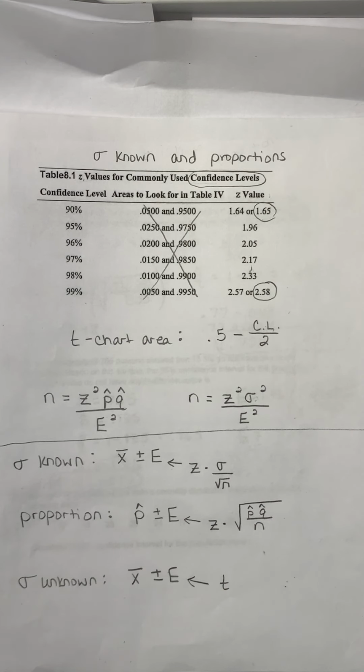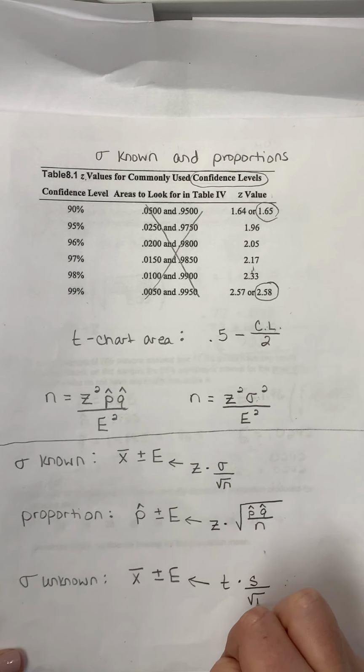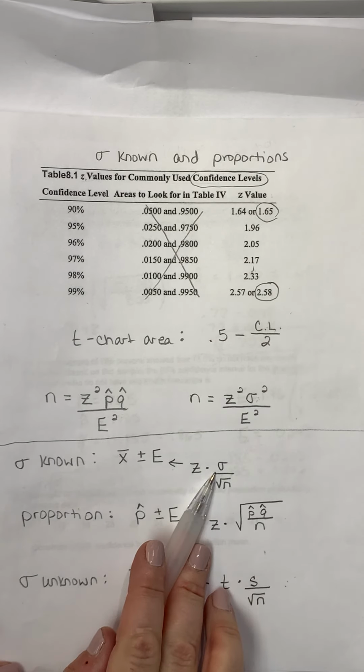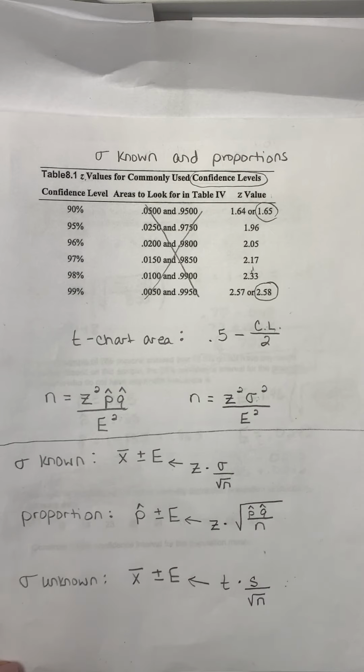Then you're going to take T times S over square root of N. So we don't have sigma, we have the sample standard deviation, not the population standard deviation. So we cannot use the Z chart, we have to use the T table. And we don't have sigma, we have S instead. So that's the difference.